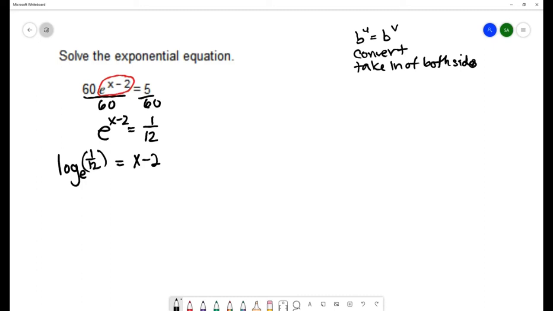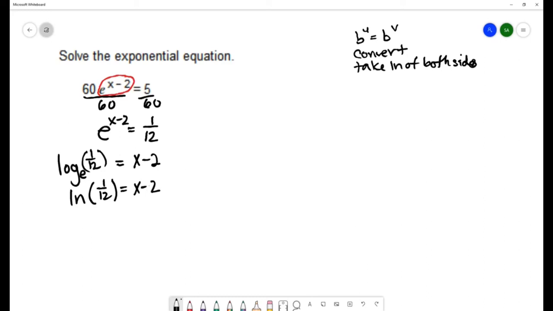We don't typically write log base e. E is a special base, it has special notation, and that special notation is ln, standing for natural log. So we would typically see this written as natural log of 1/12 equals x minus 2.